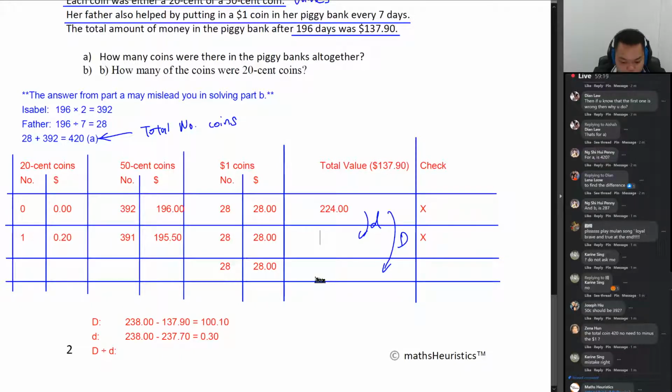Then this would be 195.5 plus 0.2 plus 28. That gives you 223.70.